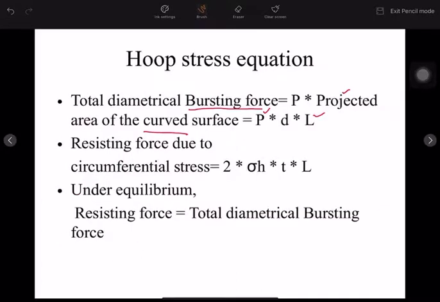So what will be the bursting force here? Capital P into D into capital L. So this will be the bursting force.